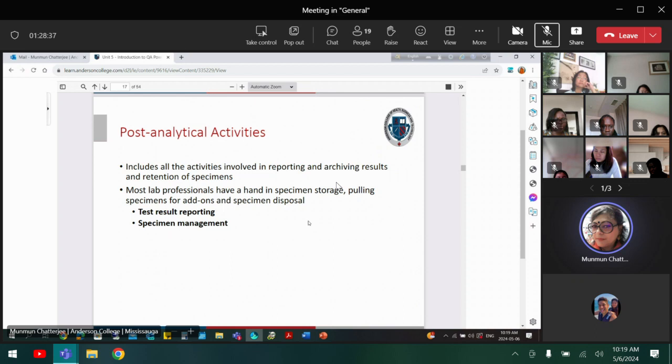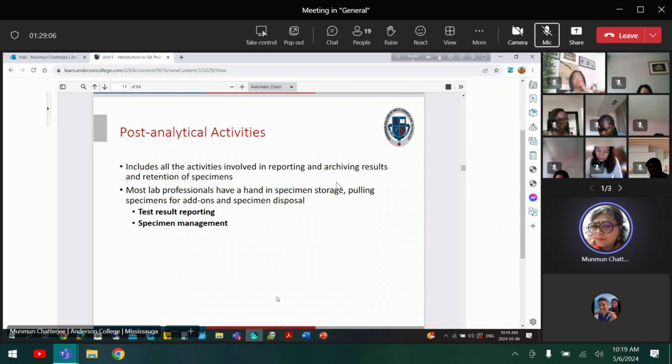Post-analytical activities include all the activities involved in reporting and archiving results and retention of specimens. That means storage. If you have to save some samples, that is called retention of specimens. So for reporting and archiving, you are going to report the results at this stage. You are archiving results, so if any results have been documented before, they can compare.